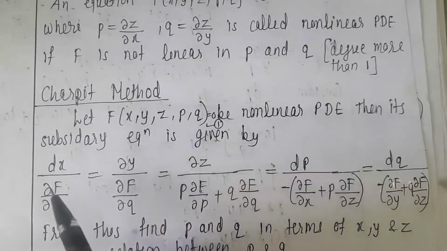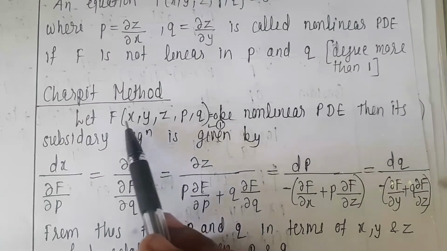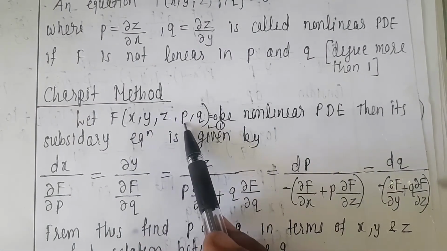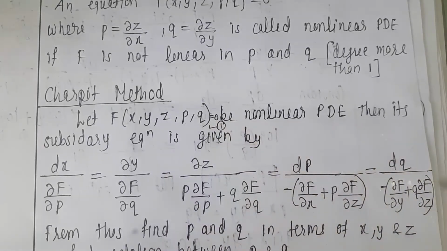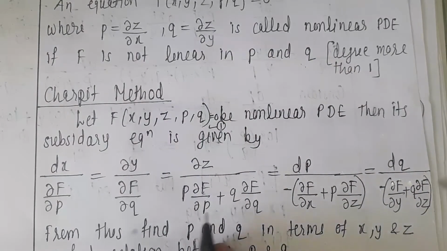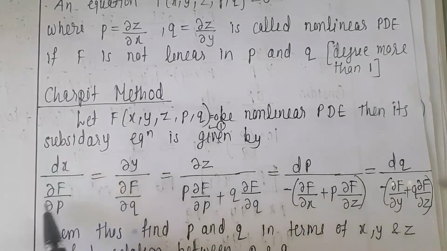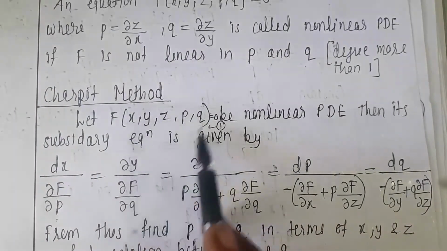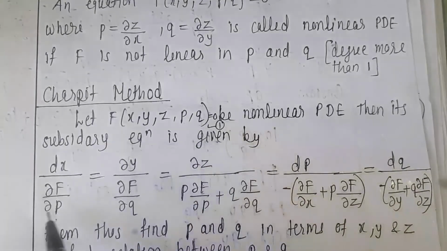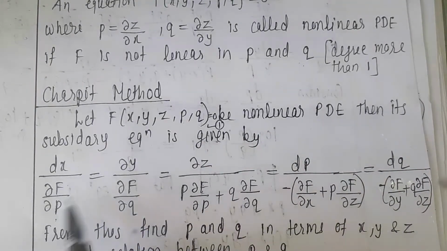have to remember it. First, we have to find the derivatives of f with respect to p, q, then x, y and z. So it is dx upon ∂f/∂p, while finding the derivative with respect to p, we simply consider p and find its derivative.